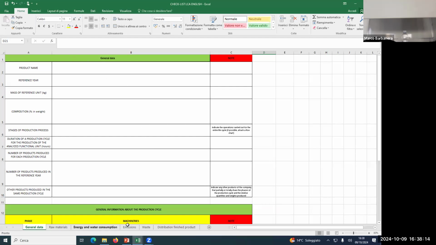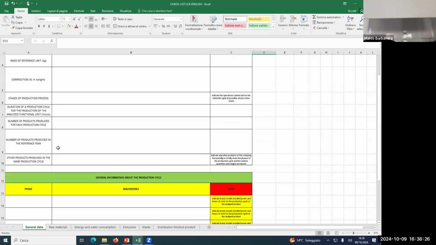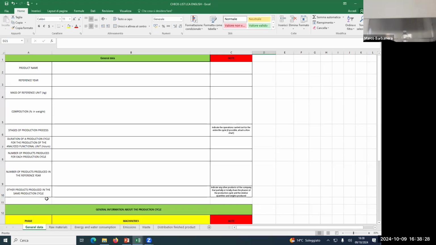I divided this file into different sheets. In the first sheet, you have the possibility to collect some general information about the company and about the product to be analyzed.